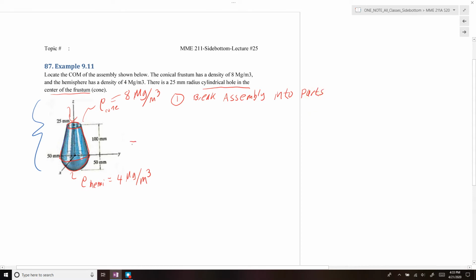We can say this whole shape is equal to the sum of our hemisphere plus a cone, minus the tip of that cone, minus the cylindrical hole in the center.